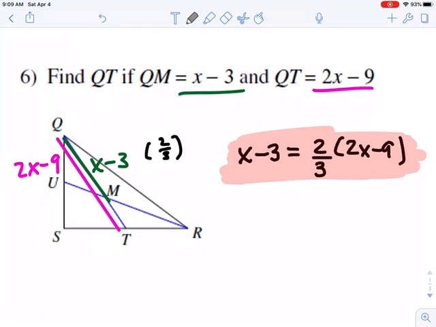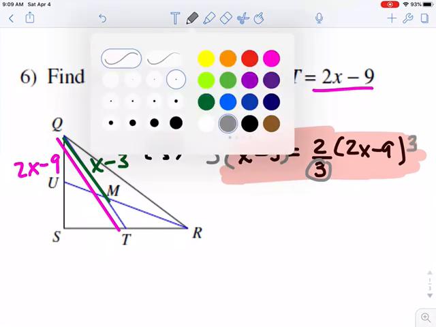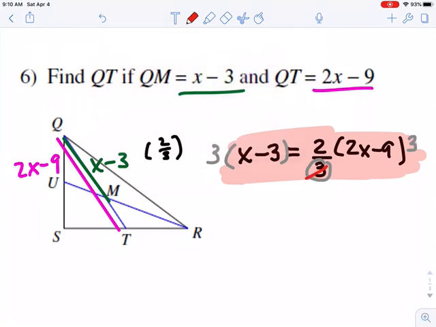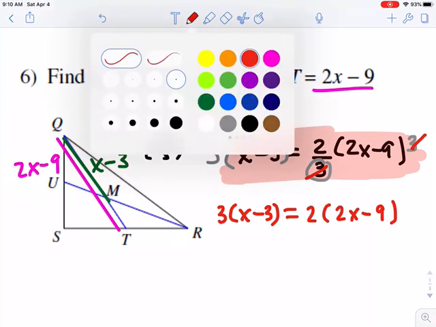All right, now this divided by 3 right here, I can't stand. I hate it. I want to get rid of it. I'm going to multiply both sides by 3. Why? These 3's destroy each other on the right hand side. They cancel out. 3 divided by 3 becomes 1. It's redundant to write the 1. That's the real reason we do it. And then once I get to this equation in red, I think we're in very good shape.